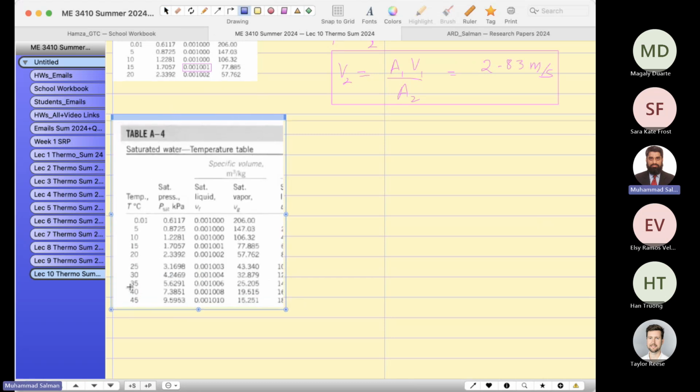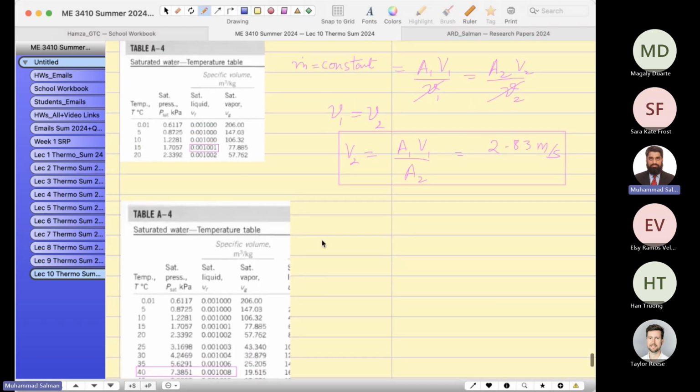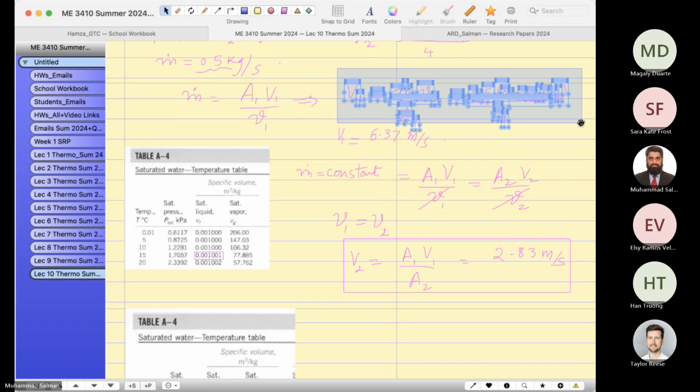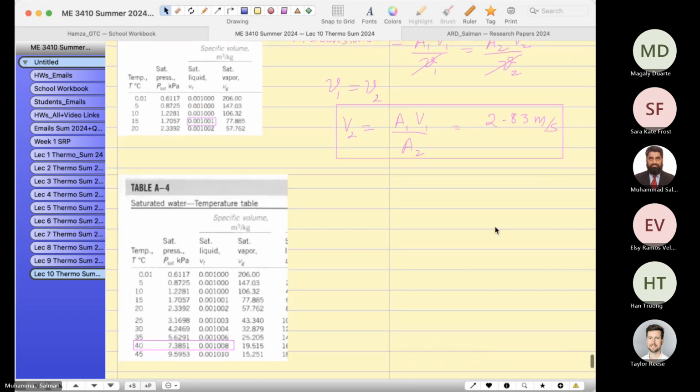So let's use the same equation here. In this case, I will use this value of specific volume, 0.001008.